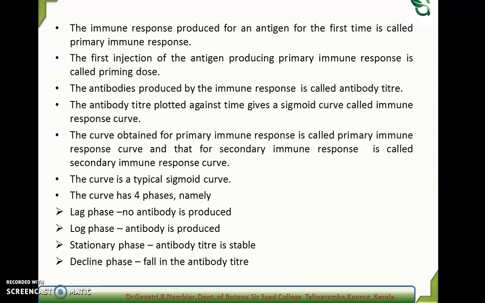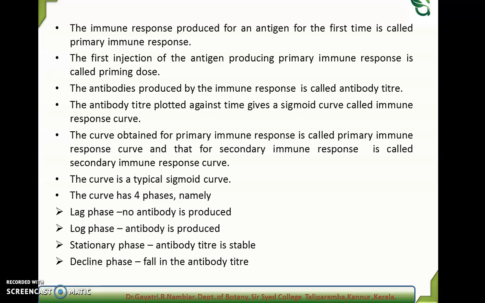The first injection of the antigen producing primary immune response is called the priming dose, and the antibodies produced by that immune response are called the antibody titer. It can be plotted with the help of a graph, and it is known as the immune response curve.